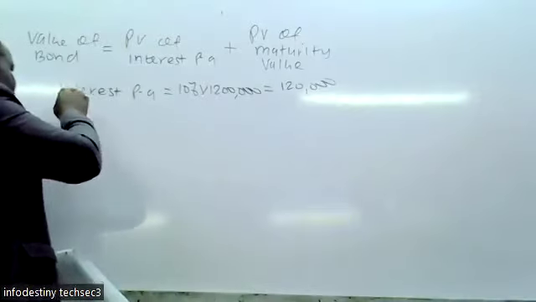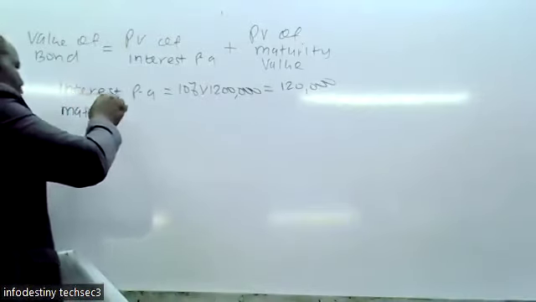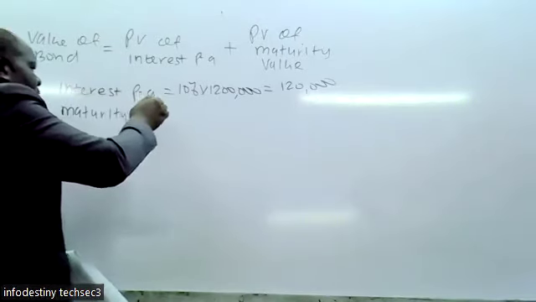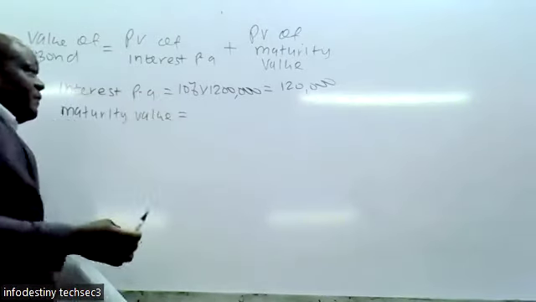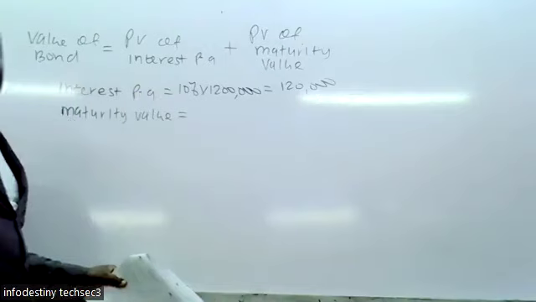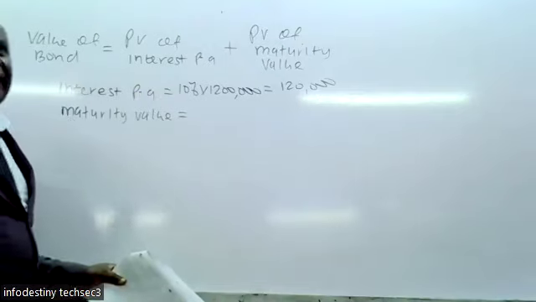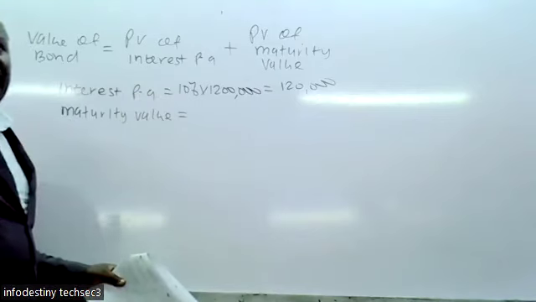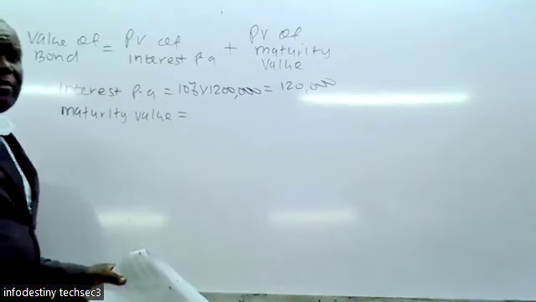Then maturity value. Unless otherwise stated or specified, maturity value is the same as the par value. So you always note that.